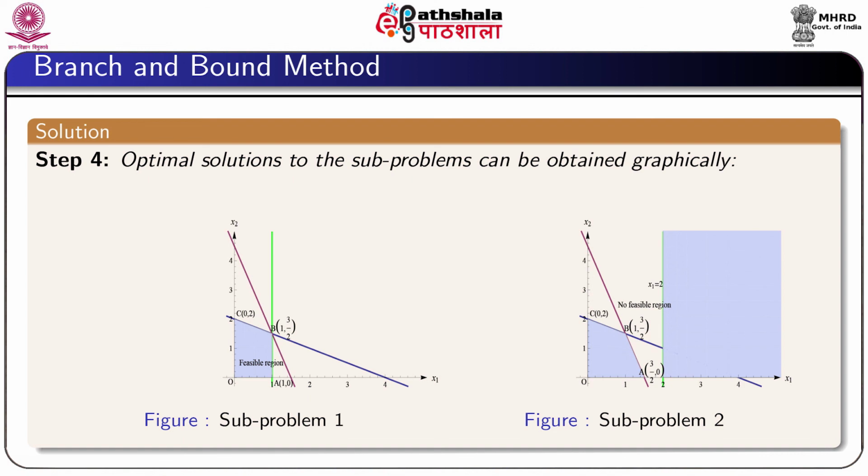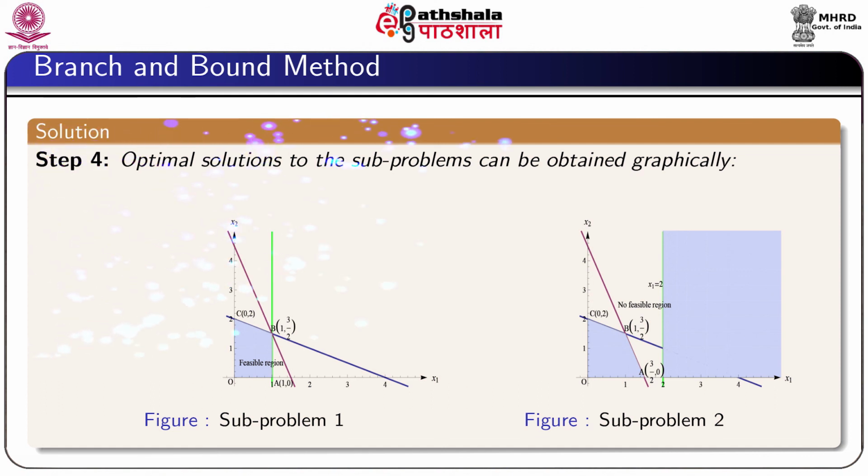The optimal solutions to these subproblems can be obtained graphically as shown in this slide. For subproblem 1, we have the feasible region, and for subproblem 2, we are not getting any feasible region.